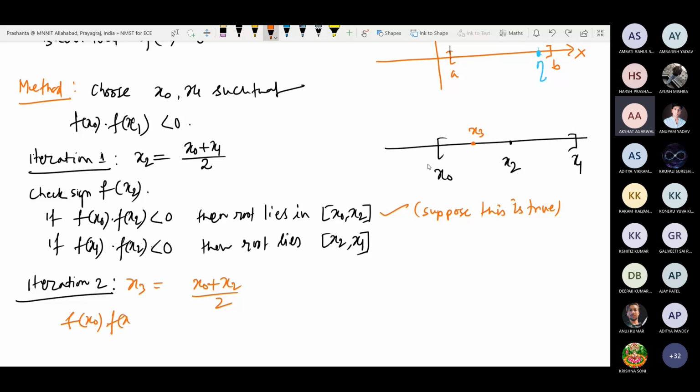And what is the disadvantage? This method is very slow. Sometimes it may be very painful to repeat the procedure if you want the root with very high accuracy. Suppose you want accuracy up to the 10th decimal place, then this method will be a very cumbersome way to apply.